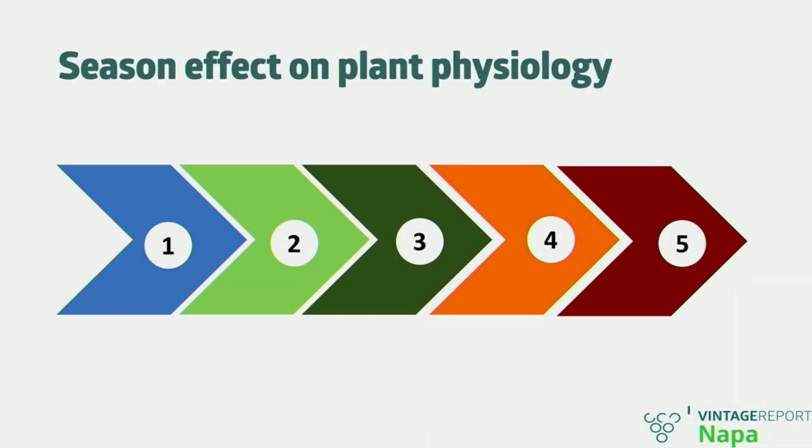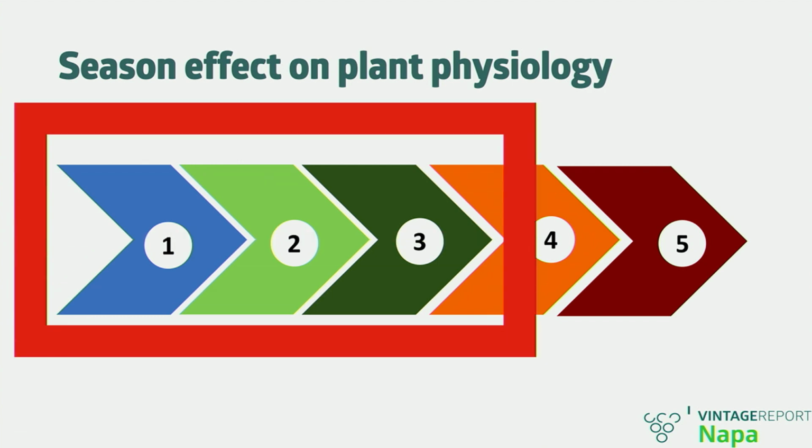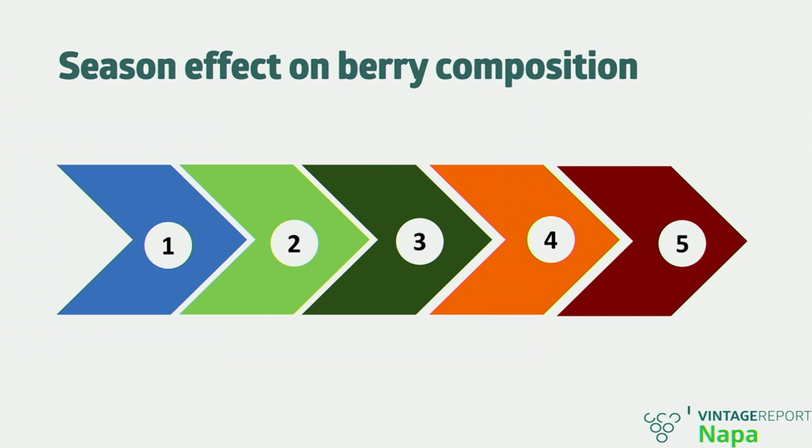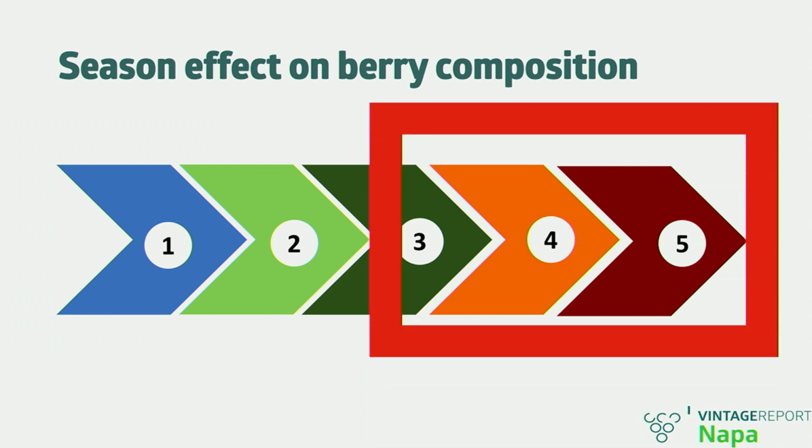And then stage 5 is really the last stage during which skin composition keeps varying. It is during that stage that we observe the peak of color accumulation, and this stage is final at harvest. And then we enter into stage 1 again, which starts at leaf fall and which ends next year at bud break.